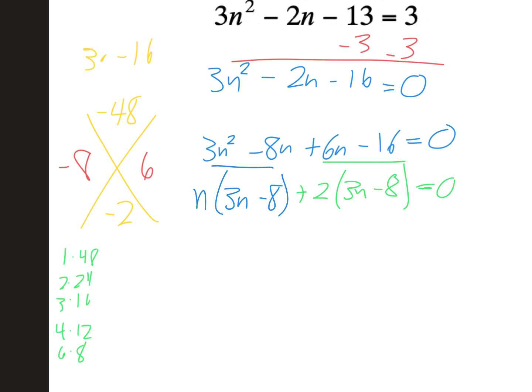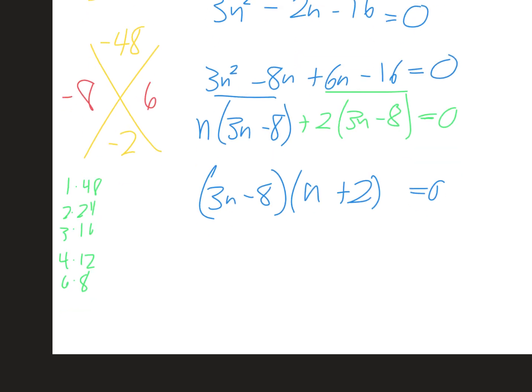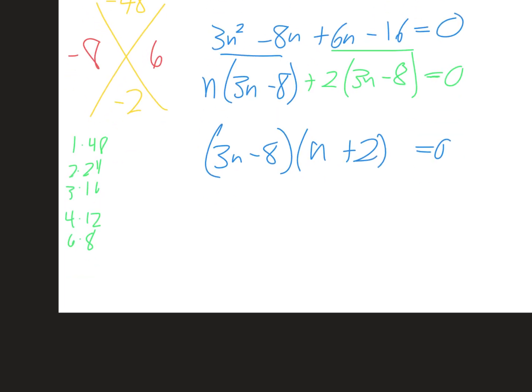So my parentheses are the same, so I know I did my grouping correct. So I have 3n minus 8 as my first parenthesis. My second parenthesis is made up of what I factored out of those two groups, so n plus 2. Last step, I can set these equal to 0 separately. So 3n minus 8 equals 0, and n plus 2 equals 0.